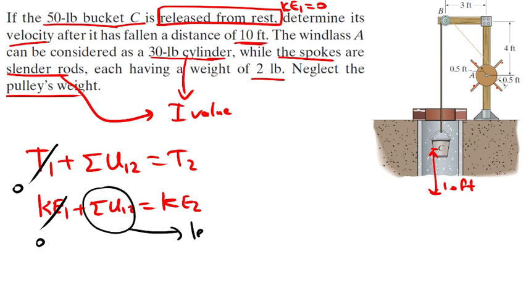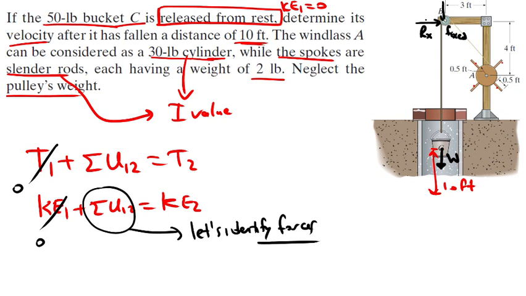So let's identify forces first, and see which forces act with some work. Firstly, the bucket has a weight W. Then we have the pulley, which is fixed, and since it's fixed, it has a reaction force R_x and a reaction force R_y.